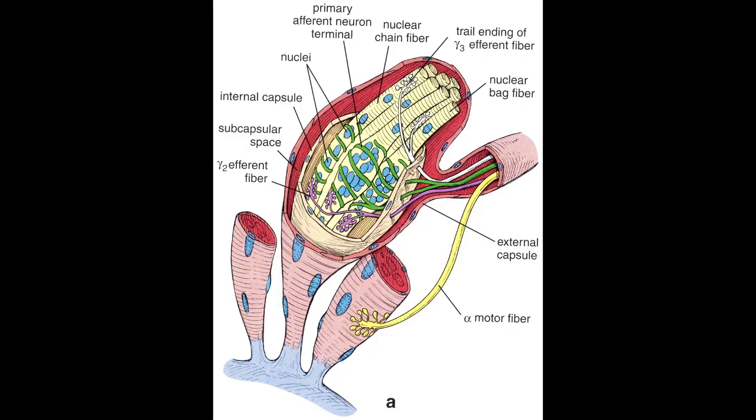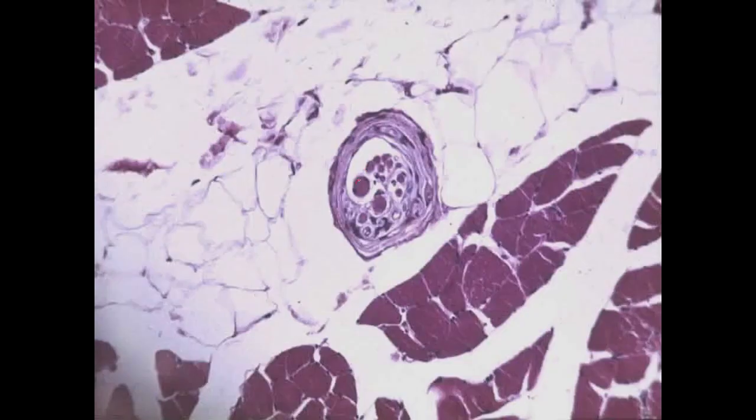This is how the muscle spindles look like. So we have them also on our specimen. They contain intrafusal muscle fibers inside. That just means muscle fibers inside the muscle spindle. Yeah, it's not that complicated. Muscle fibers inside are called intrafusal.